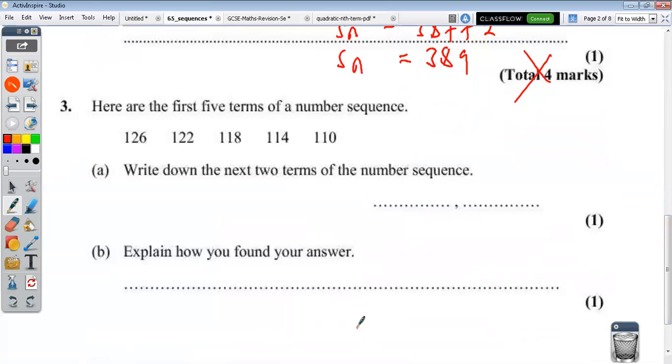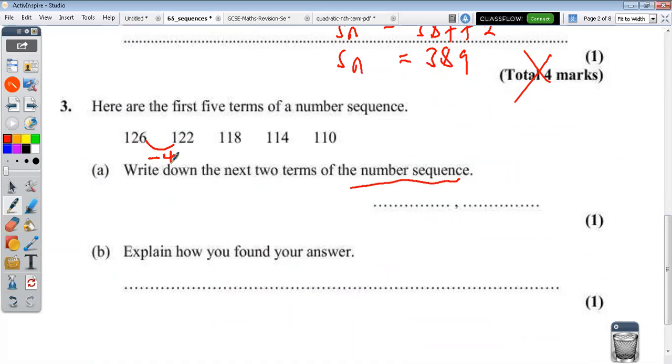Okay. Now, let's go on to number 3 then. Here are the first 5 terms of a sequence. Write down the next 2 terms. So let's see what's happening here. Are we adding or subtracting? We are subtracting. What are we taking away there, Mufaro?